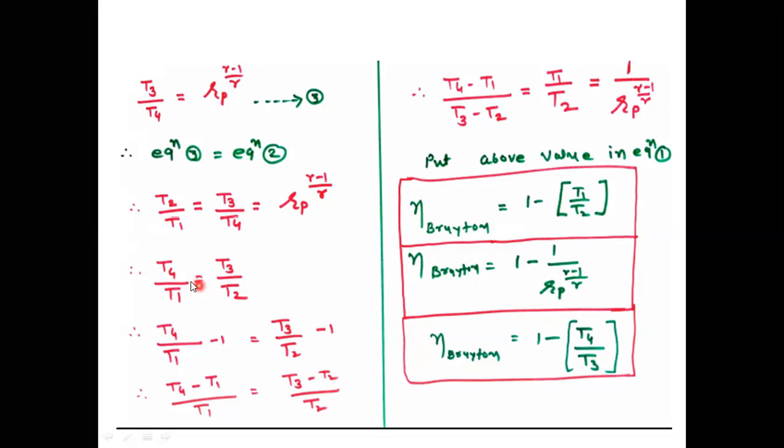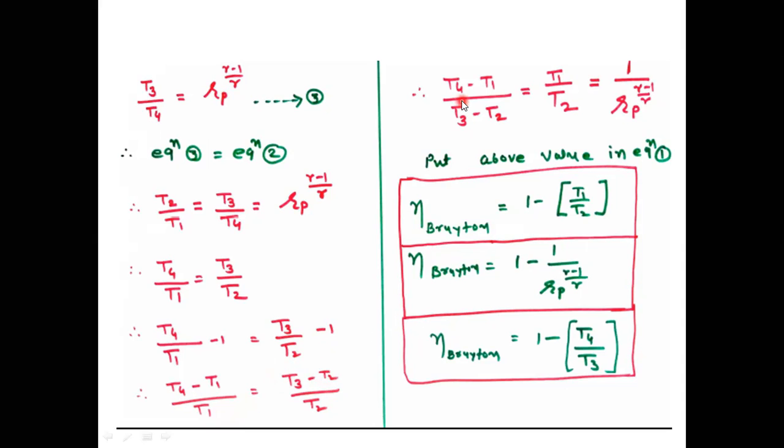Now add -1 on both sides. Mathematically it's correct. So I can write T4 minus T1 divided by T1 is equal to T3 minus T2 divided by T2. Exchange this: T1 on the right hand side and T3 minus T2 on the left hand side.